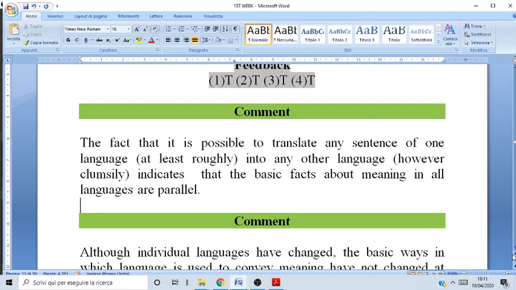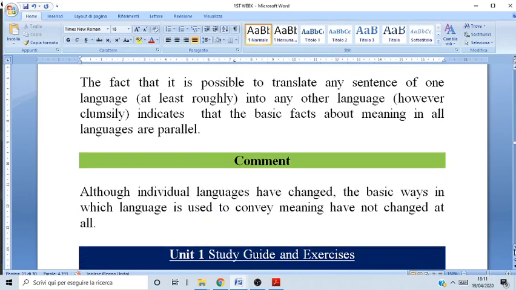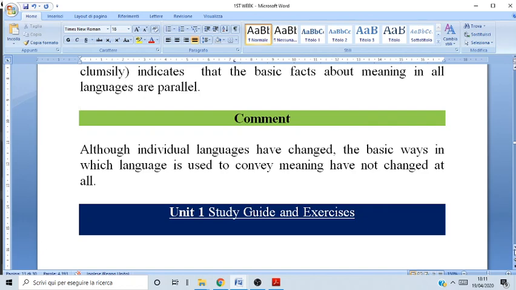Plus, we can say that although languages have evolved, the basic way in which we convey meanings has not changed.